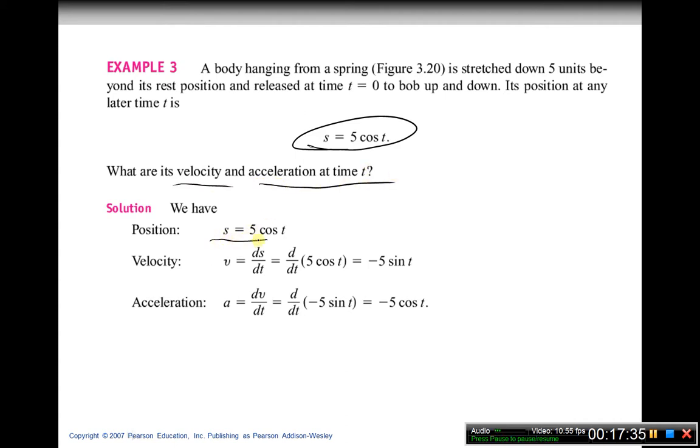Well, writing the position down, the velocity is the derivative of the position, which is the derivative of 5 cosine of t, which is minus 5 sine of t. The acceleration is the derivative of the velocity. The derivative of sine is cosine of t, so we get minus 5 cosine of t for the acceleration function.